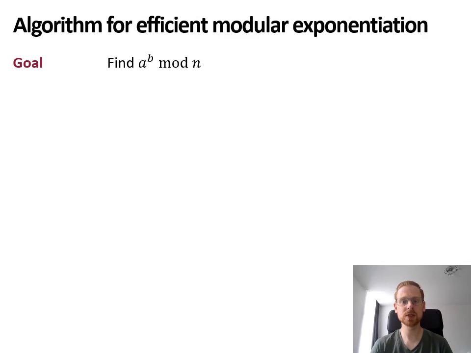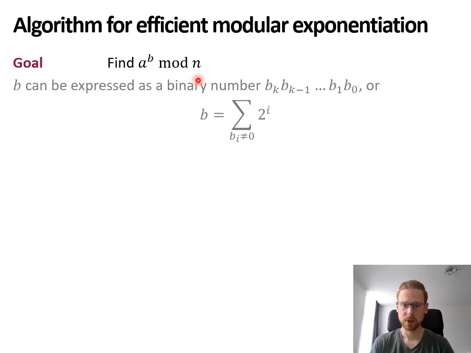Using these two properties, we can come up with an efficient algorithm for modular exponentiation, or to calculate a to the power b modulo n. Before I explain the algorithm, let's take a look at how we can express b. We can express b as a binary number consisting of k plus 1 bits.